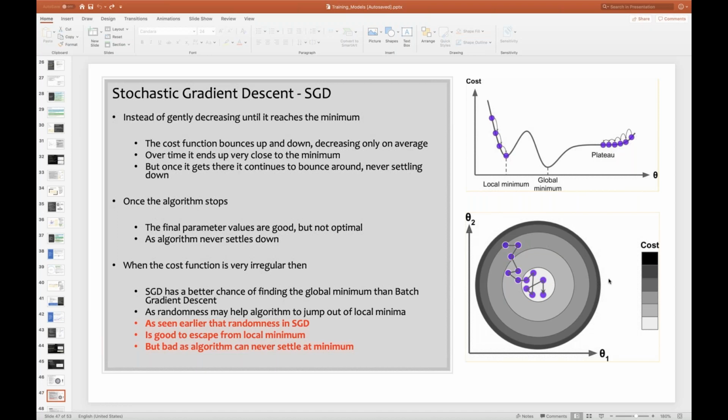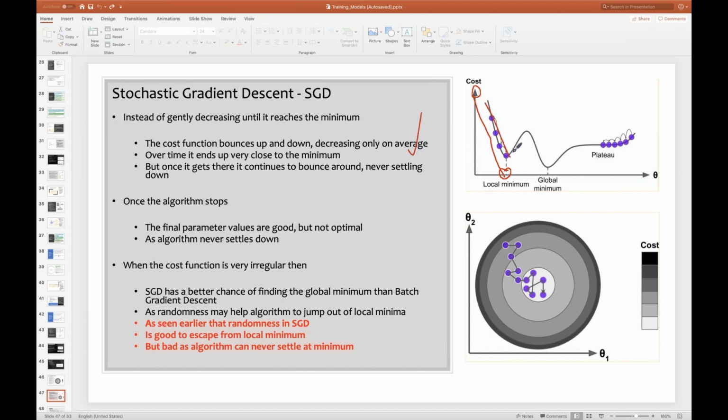Okay. So instead of gently decreasing until it reaches the minimum, what he is trying to tell you is, you are here and the local minimum is here. For example, let's imagine that instead of directly falling from here, instead of gently decreasing until it reaches the minimum, the cost function bounces up and down.